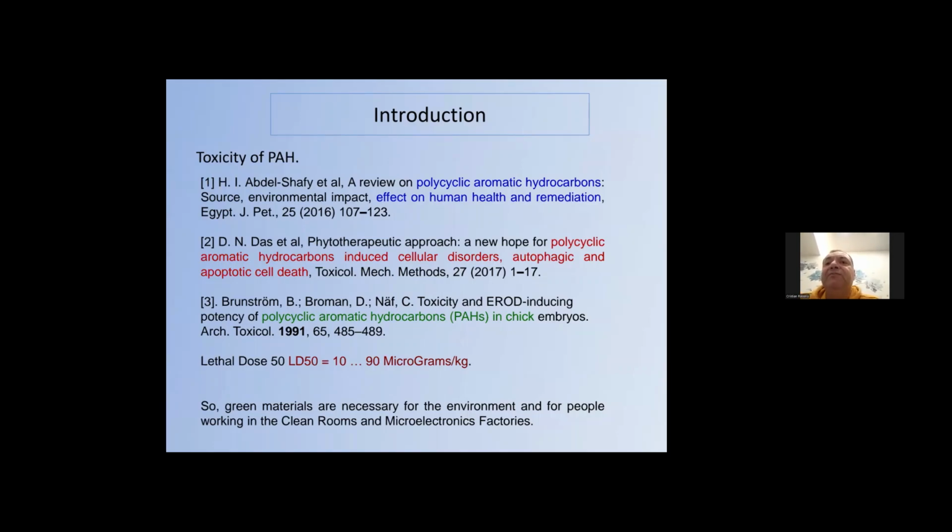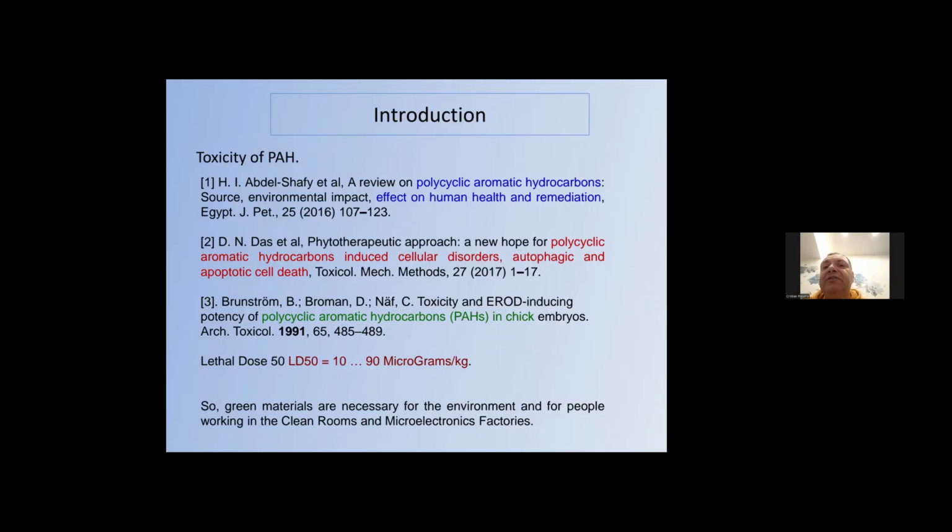Besides these difficult handling properties, the toxicity of polyaromatic hydrocarbons is present and still exists. As you see, here are a few papers and publications that give details about the toxicity of this PAH, which includes also traditional materials like pentacene.